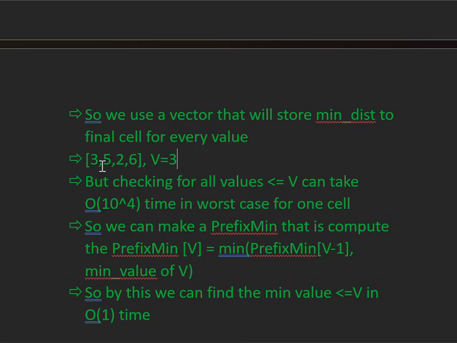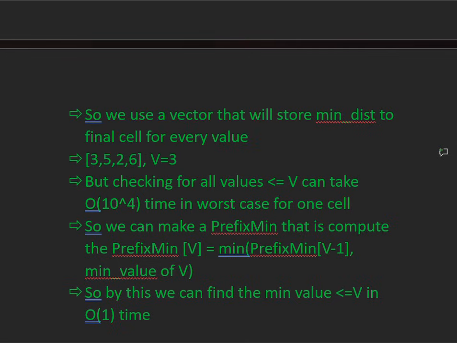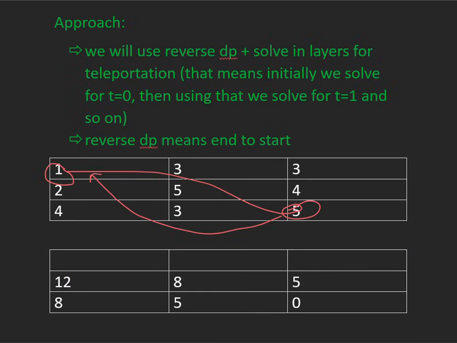If you see here, these are the cells that we are allowed to go to. So it is showing that any cell having value 0 and their minimum distance to the final cell. Let me tell you, see here, this is having value 3, this is having value 3, this is having value 3.